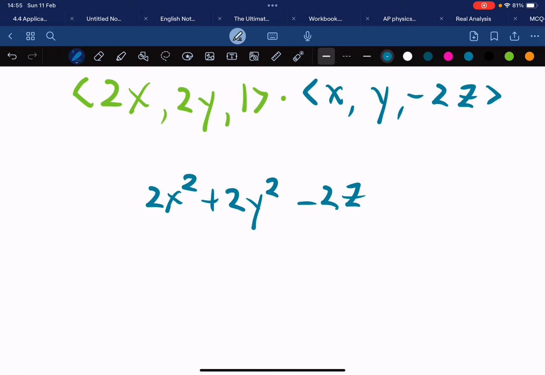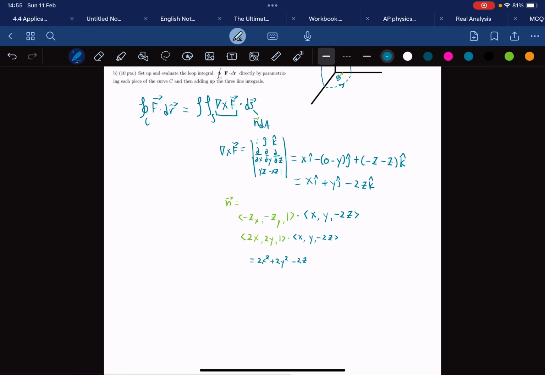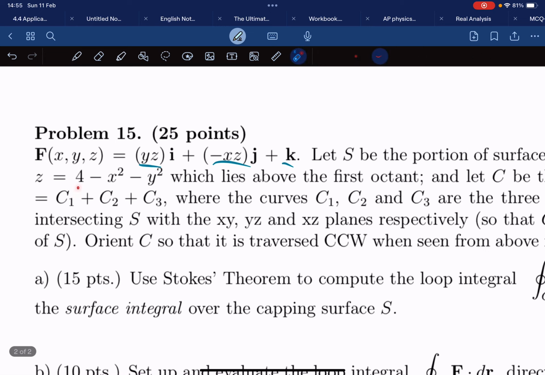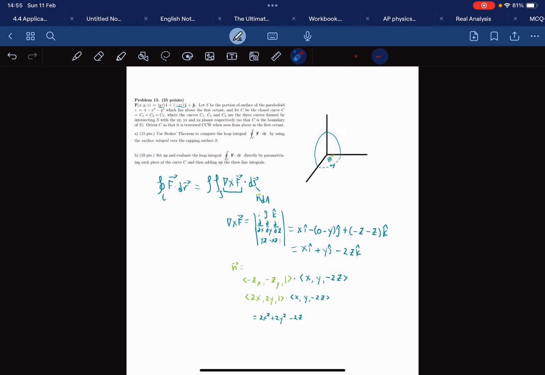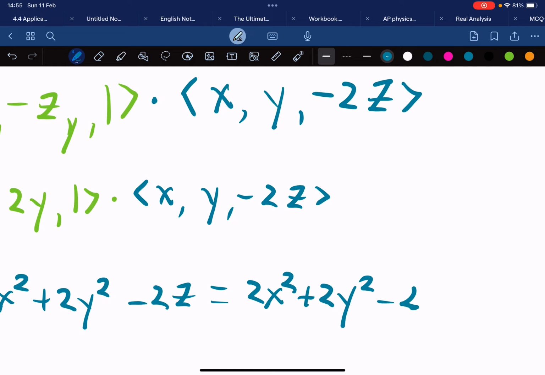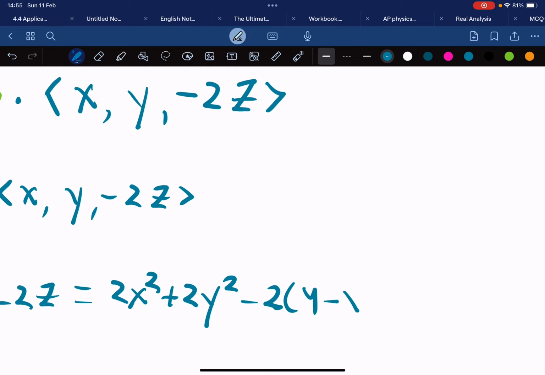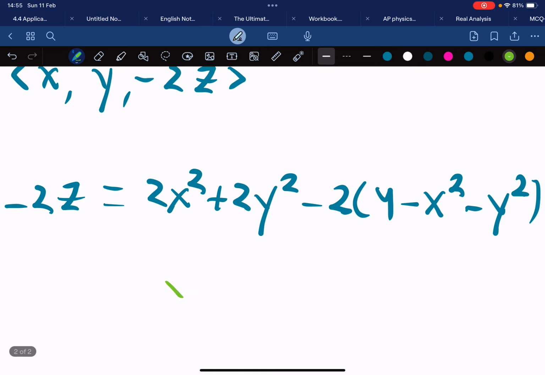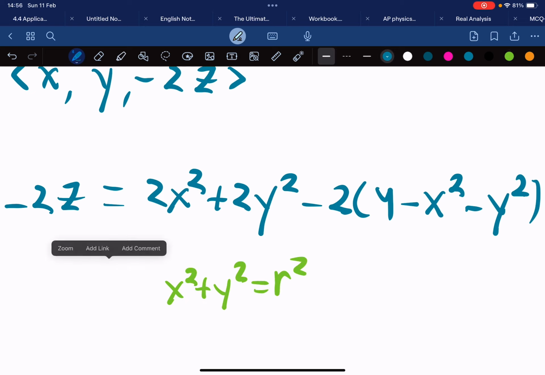And then what we can do is we can substitute z equals this value. And then this equals 2x squared plus 2y squared minus 2 times 4 minus x squared minus y squared. Now we can do a substitution into polar coordinates, so that x squared plus y squared equals r squared.